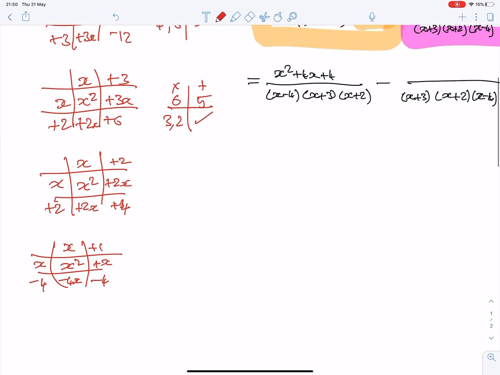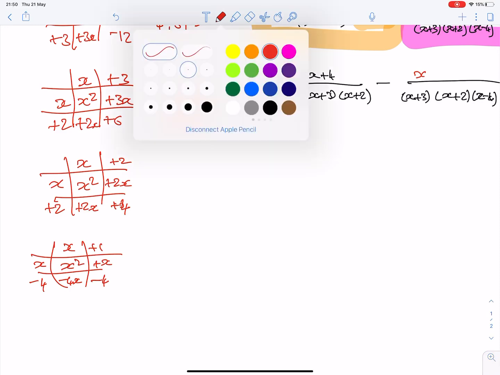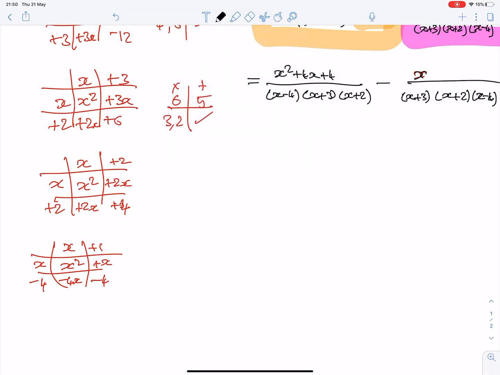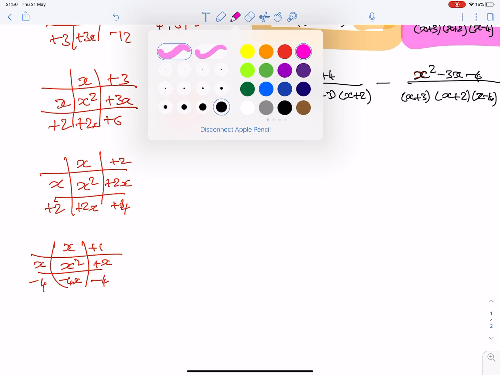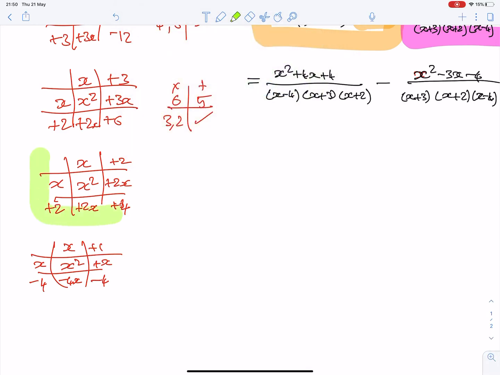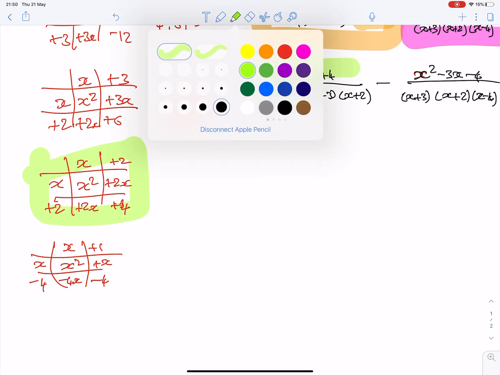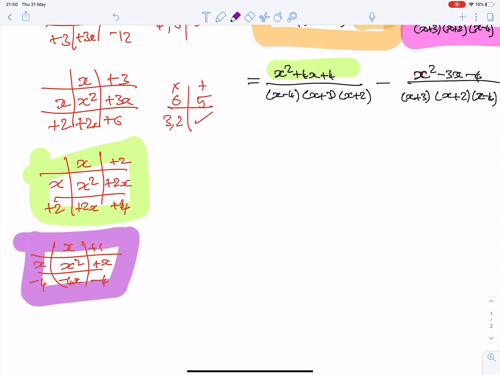And that's going to go in here. So we've got x squared, x squared minus 4x plus an x is minus 3x minus 4. So this has given us that, and this has given us that bit.